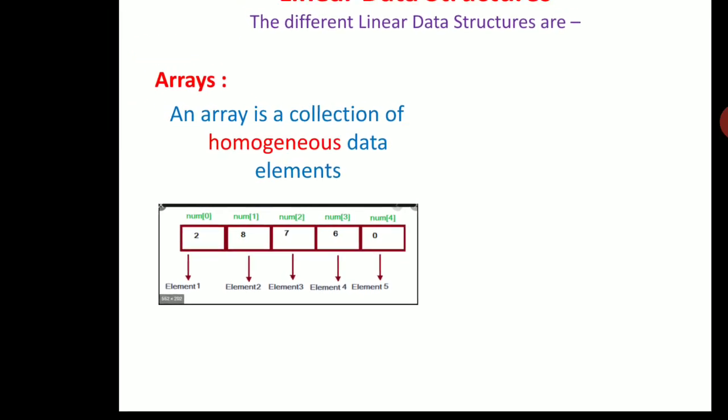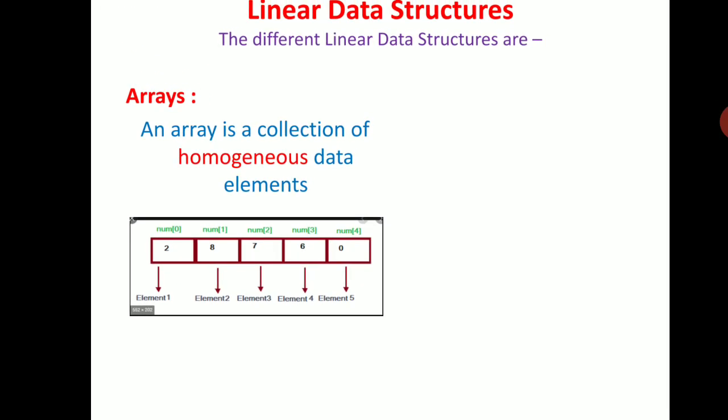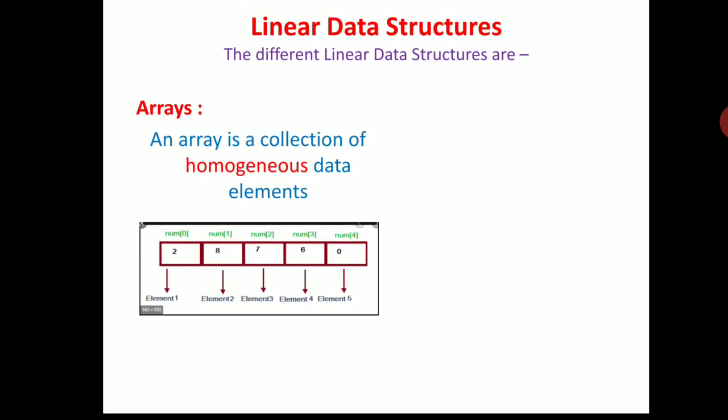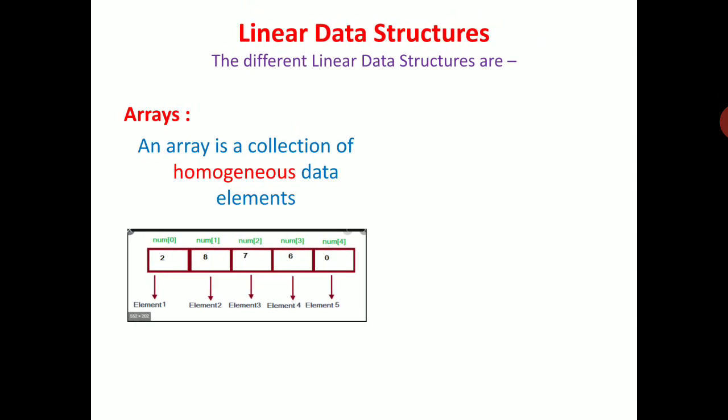Why does this difference appear? Because the first value starts from 0. We have studied array in the PUC first year classes also, and we are going to discuss it later also. But we will see the second linear data structure.